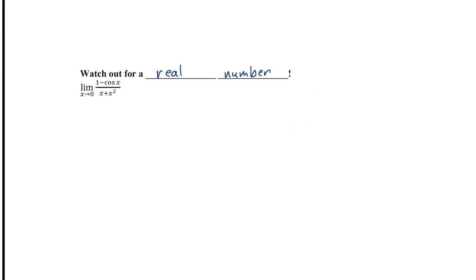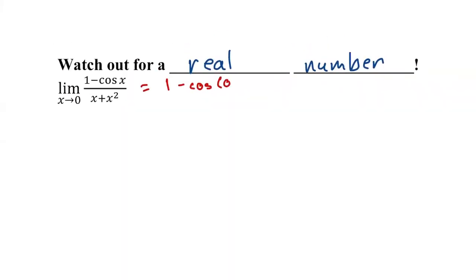And just to illustrate what would happen, you've got to be careful. Let me show you what happens here. Let's again plug in 0 because we're asked to take the limit. This is 1 minus cosine of 0 divided by 0 plus 0 squared, which is 0 over 0. And then we'll take the derivative.